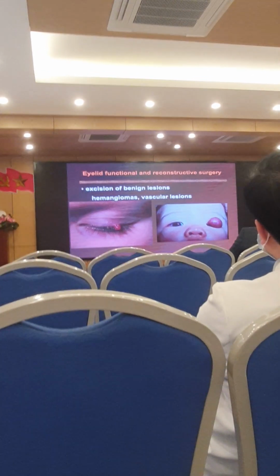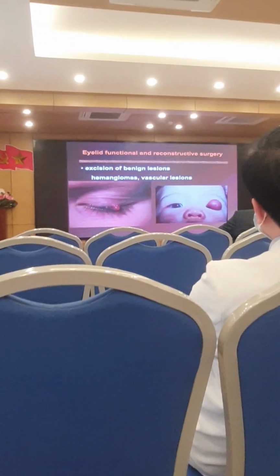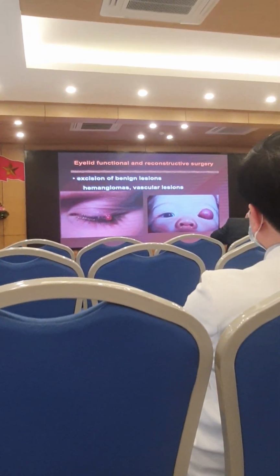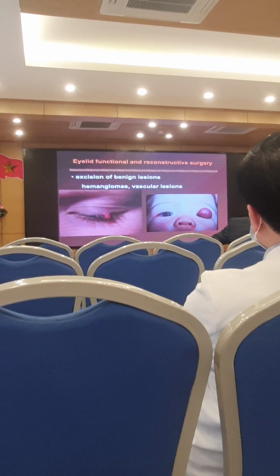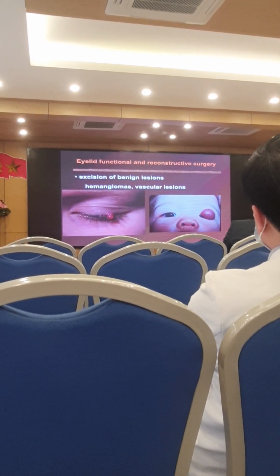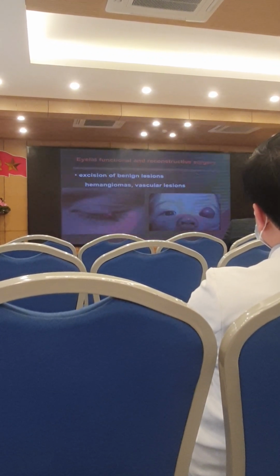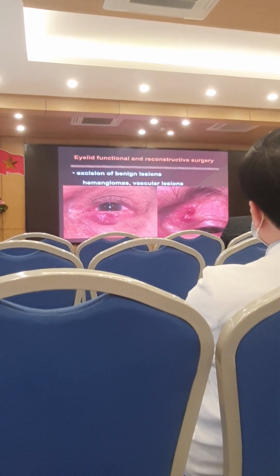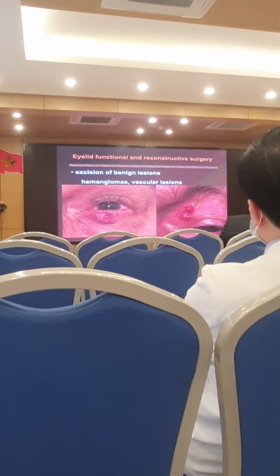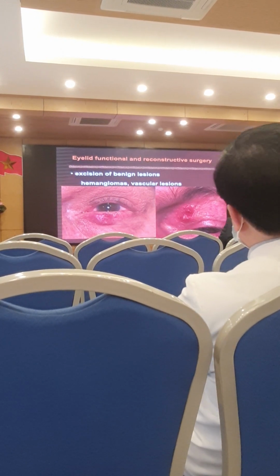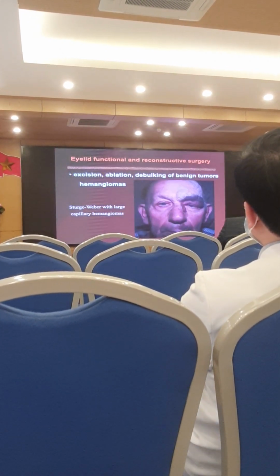There are several vascular lesions of the eyelid. Most of these are capillary hemangiomas. Some of them are cavernous hemangiomas. I'll show you some examples of these. They can be elongated, they can be flat, they can be subcutaneous, they can be associated with congenital syndromes, such as Sturge-Weber syndrome.